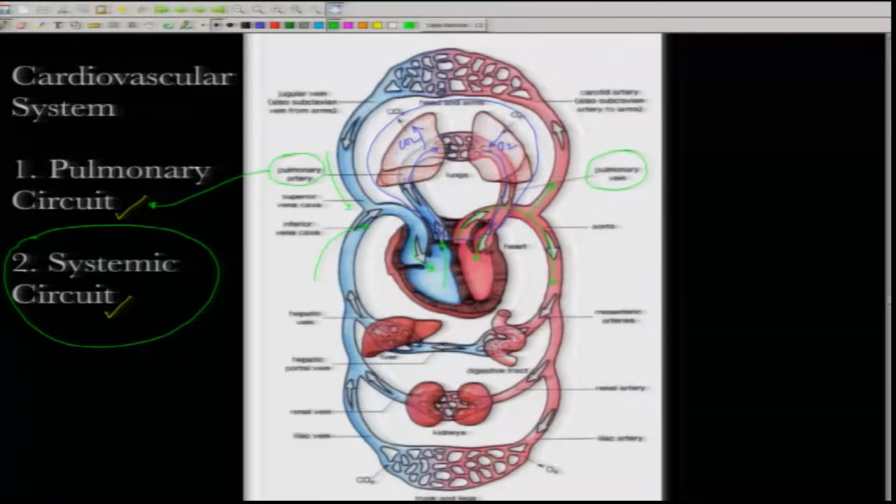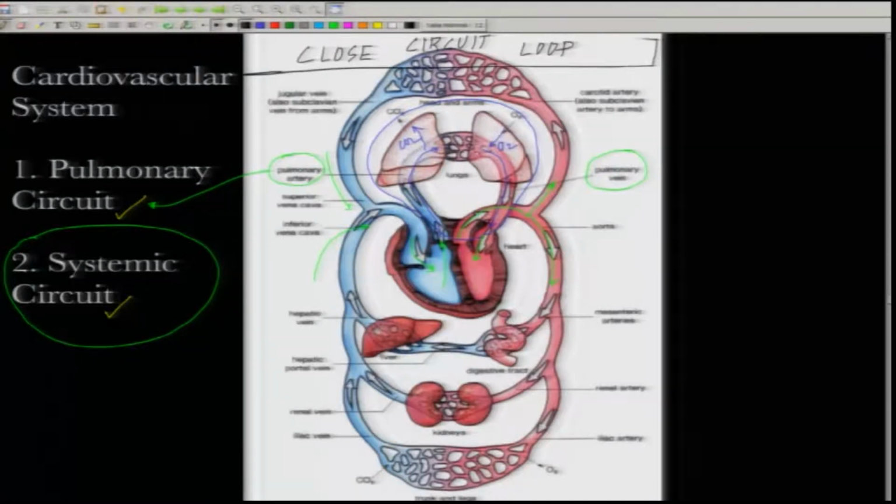So, what is significant to look at here is, as I told you, it is a closed circuit loop. It is a completely closed circuit loop which is functional here, right.